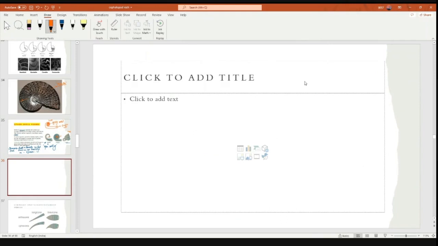Okay, if you want to, you can write down the definitions. Lee-Tuty cone cell: initial part of the cell is tightly coiled.